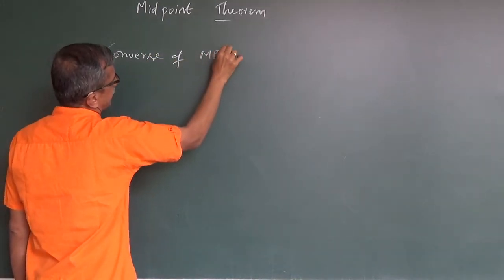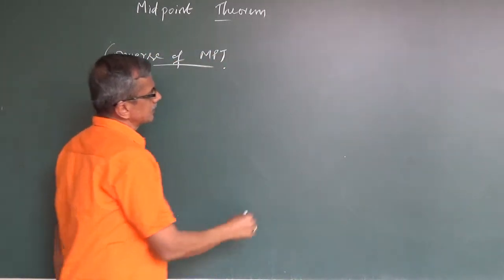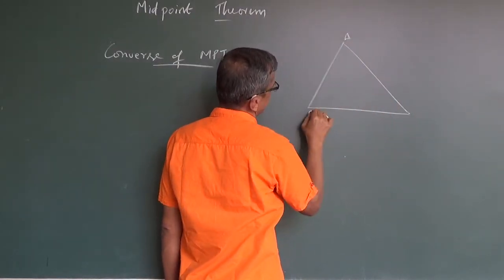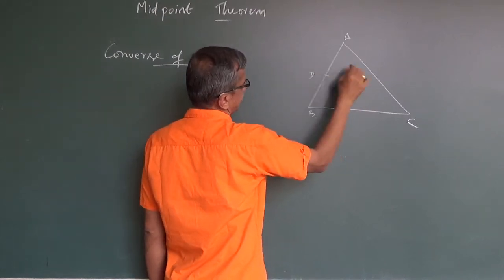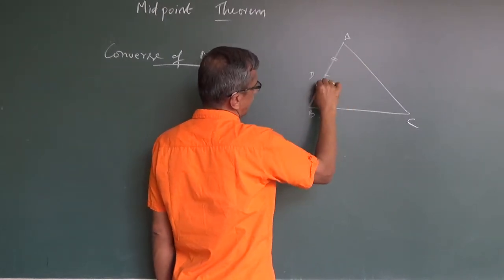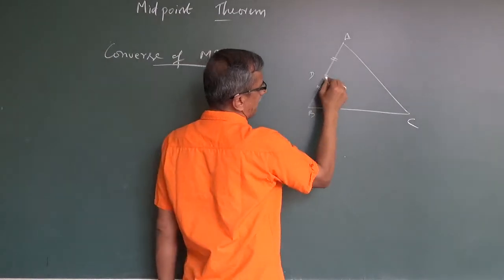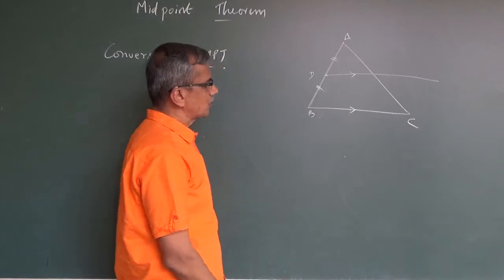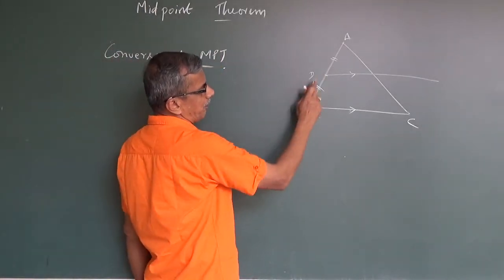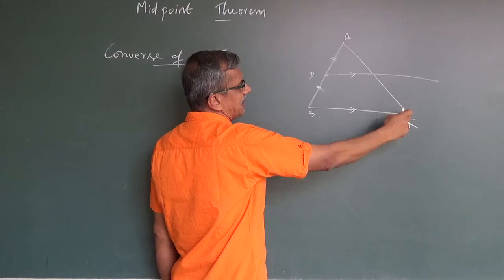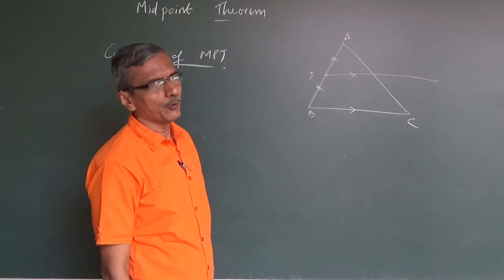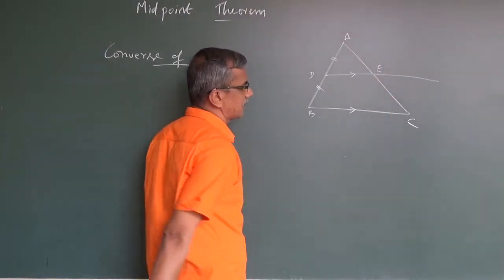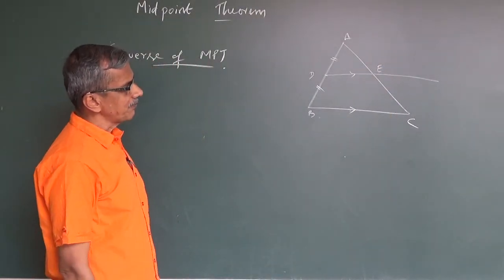It says that, let us say in a triangle, this is the midpoint, and this is the midpoint, and now if I draw a line parallel to one side, and it is passing through a midpoint, then it will divide the third side also equally. That is, E will be the midpoint of AC.